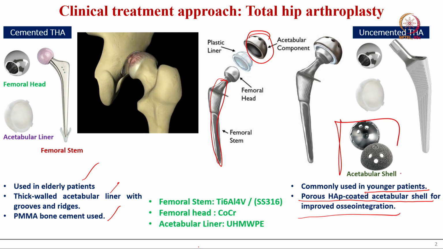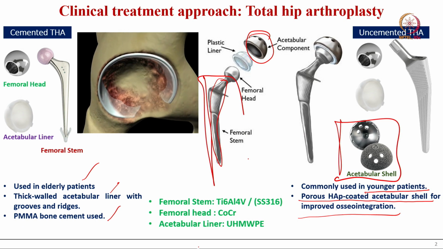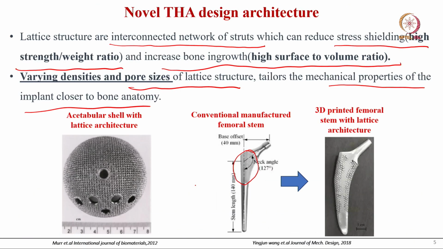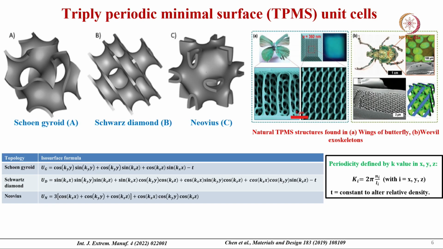So, one is this component and one is this particular component. This has been shown here as well. You can see this is the SLM printed lattice structure. This is also lattice architecture, this is the femoral stem. So, I wish to introduce you to the lattice structure.